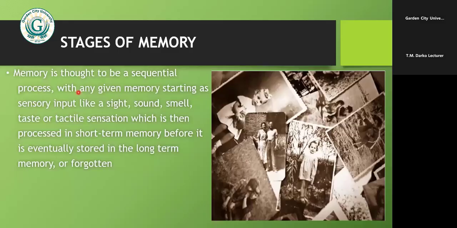Tactile sensation, which is then processed in the short-term memory before it is eventually stored in the long-term memory or forgotten. So when it gets to the short-term memory, there are two things involved. Either you will forget or it will be stored in the long-term memory. Does it make sense? Yes, doctor.